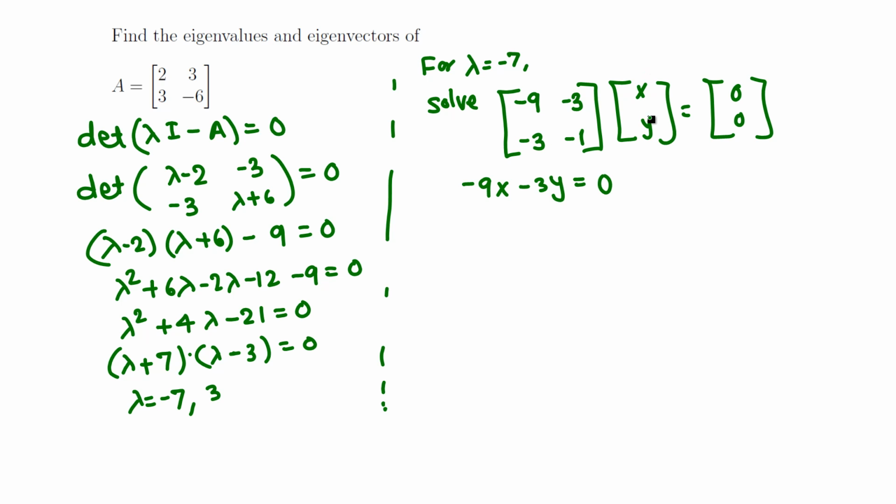This row times column, negative 3x minus 1y equals 0. We should always get a dependent system. These two equations, if we graph them, should be parallel, which is the case. If we multiply the second by 3, we get the first.